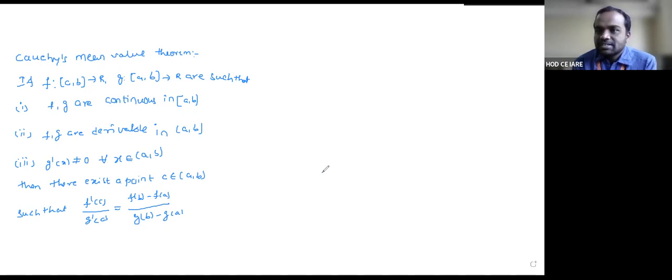So they have common tangents we can find on the two curves. So for a single point we can write f dash of c by g dash of c is equal to f of b minus f of a by g of b minus g of a. In your syllabus you do not have it, so don't worry about the geometrical interpretation of Cauchy's mean value theorem.